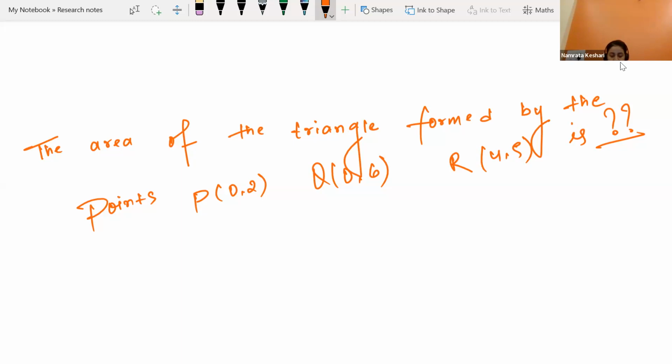Ma'am, area is 8 square units. Yes, Tejas will be checking. Okay, even I don't know the answer. We'll be checking.